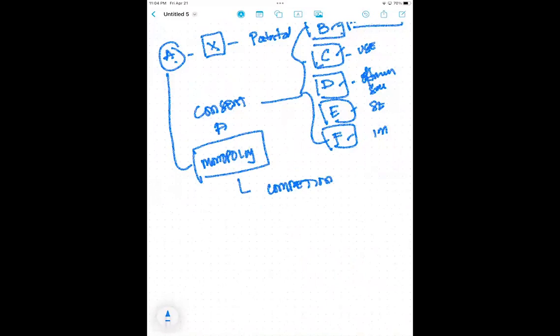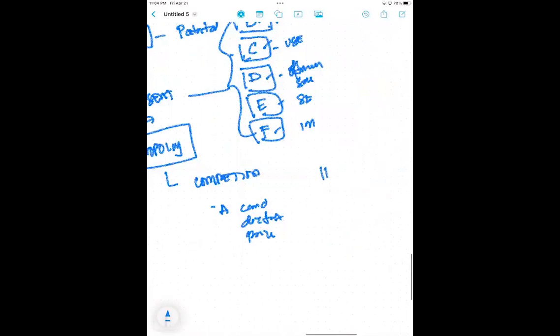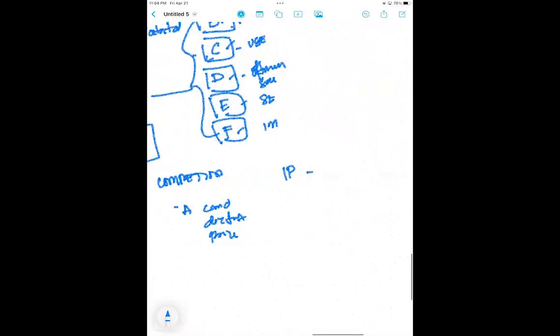Pag walang competition, then A can dictate the price. Okay? It is for this reason that intellectual property bears a social function. Okay? Kaya hindi basta-basta ibinibigay ng Estado yung patent na yan.